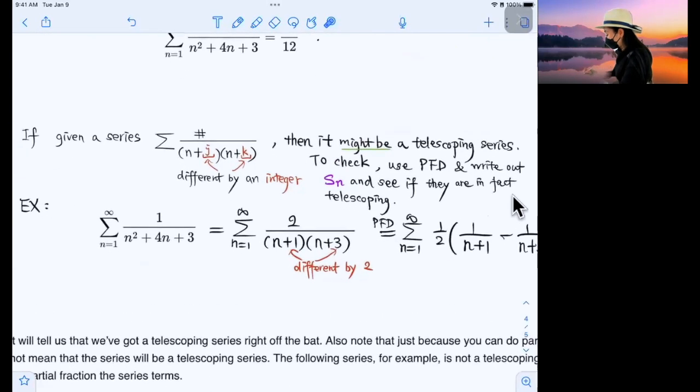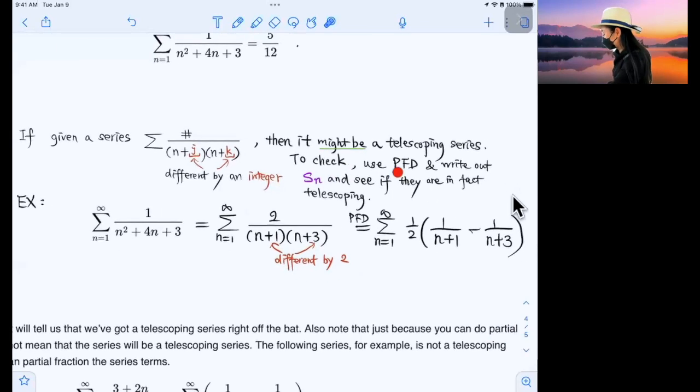If the denominator can be factored as n plus an integer and n plus an integer, if these two differ by an integer, then there might be a chance that it could be a telescoping series. And how can you check? Then you use partial fraction decomposition and you write out Sn and see if they cancel in between. Okay, so check it out.